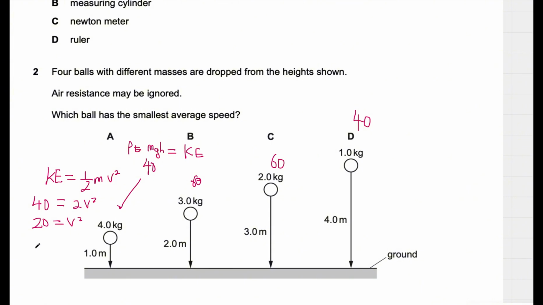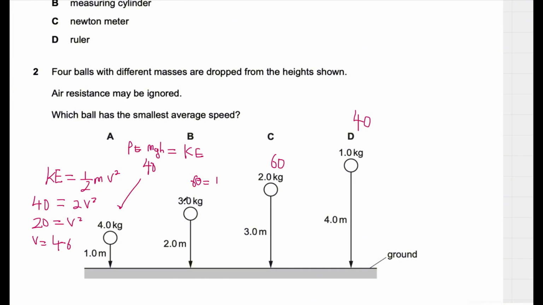The square root of 20 is 4 point something, maybe 4.6. Let's assume 4.6. You do the same for B. The energy is 60, equals half of the mass.